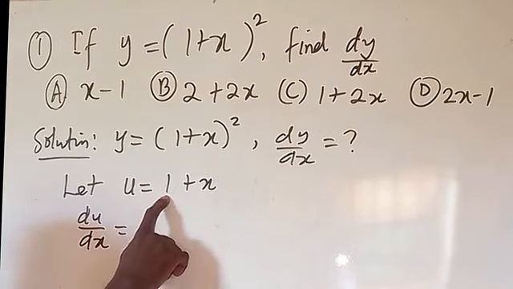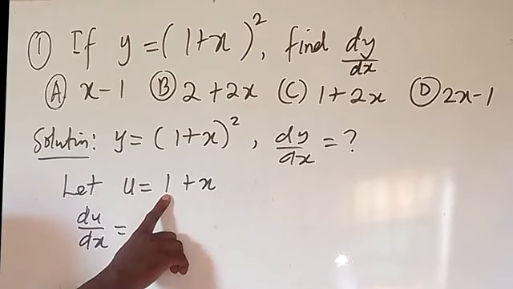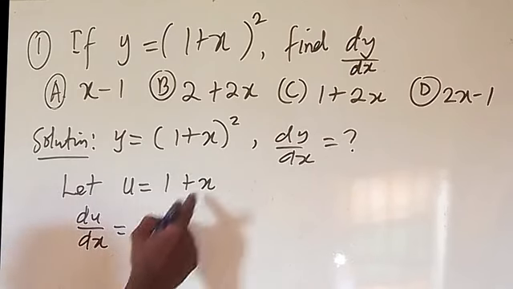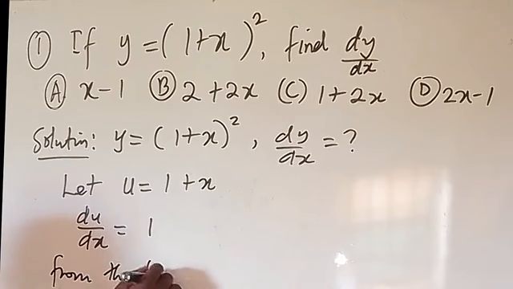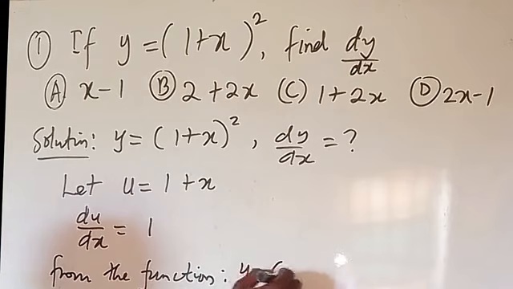If we differentiate 1, it will give us 0 because the derivative of a constant number is 0, then this will be 1. Are you getting it? So from there, the next thing we're going to do is come from the function, y equals (1 plus x) all squared.